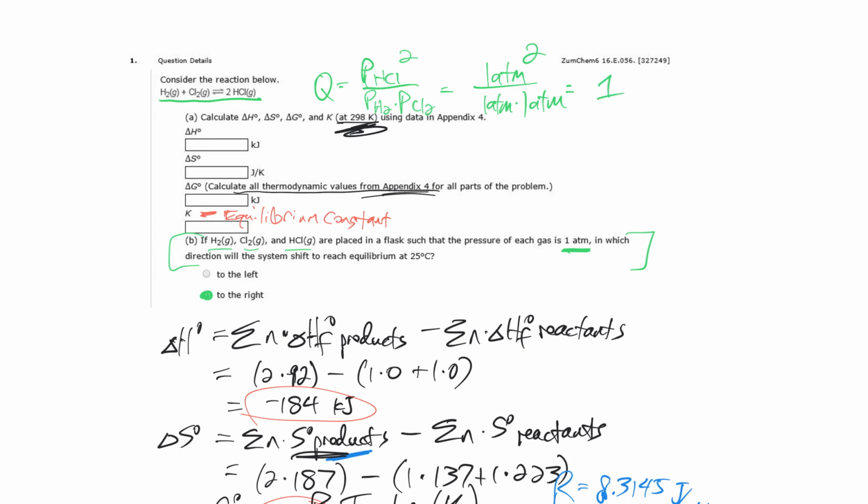Is 1 less than or greater than 2.01 times 10 to the positive 33rd power? Let's say much, much, much less. And so when Q is less than K, we shift to the right. So yeah, our hunch was verified.